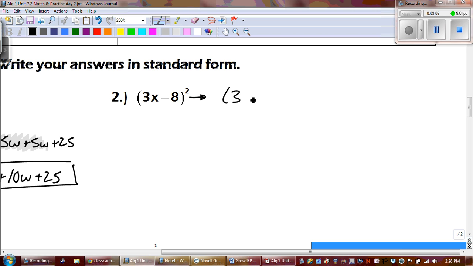So remember that means 3x minus 8 times 3x minus 8. So now let's distribute. 3x times 3x is 9x squared. 3x times negative 8 is negative 24x.